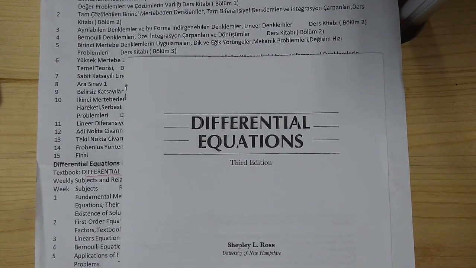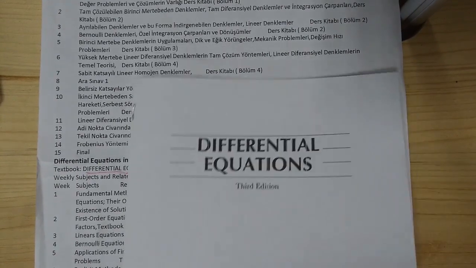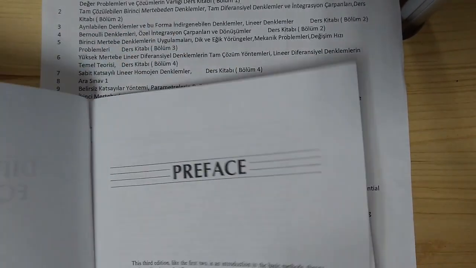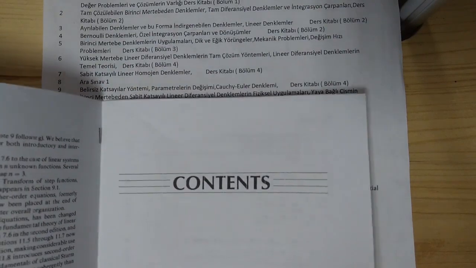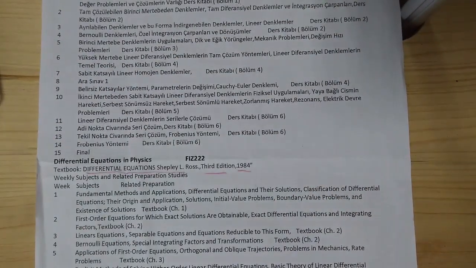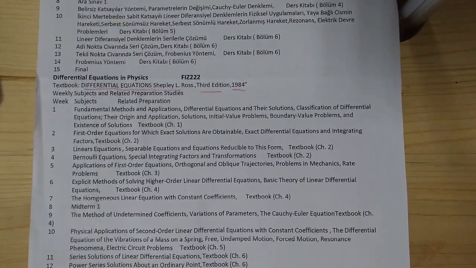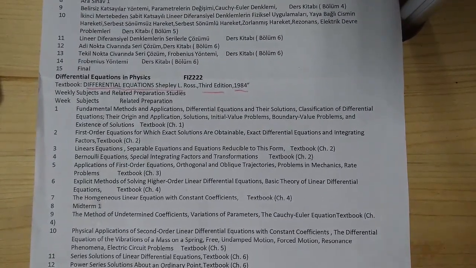There are many chapters in this textbook, 14 chapters. We are not going to cover all, but let me give you a list of chapters we are going to cover. So this is the syllabus for this course, right?